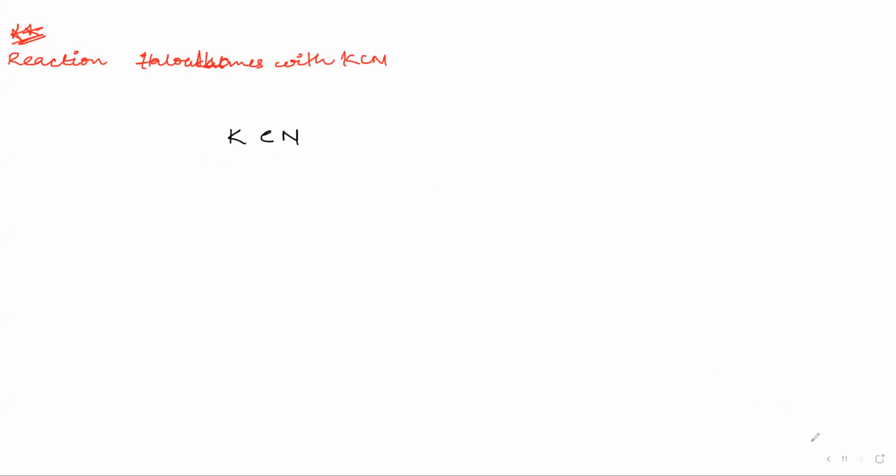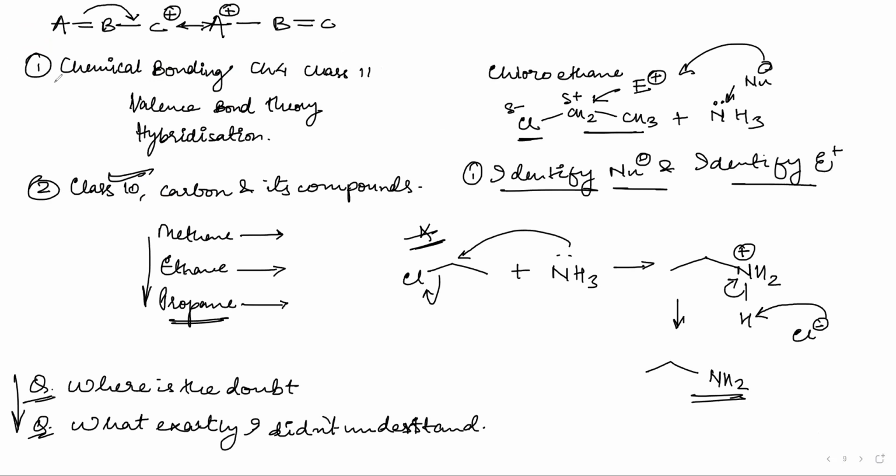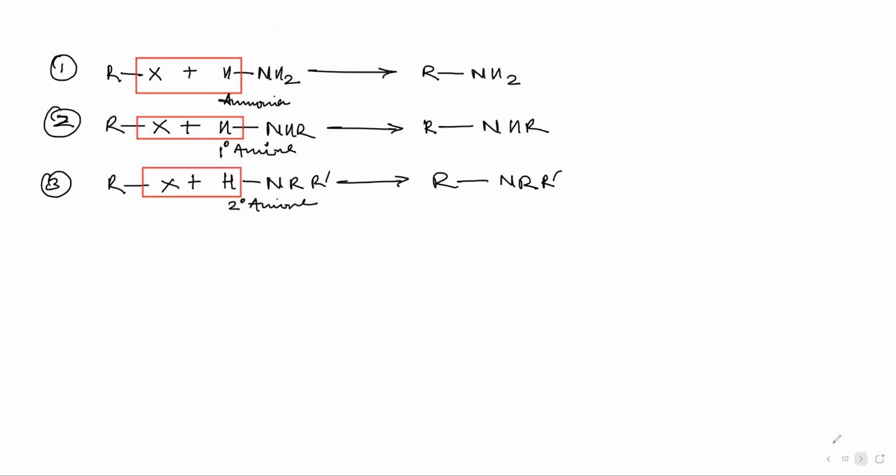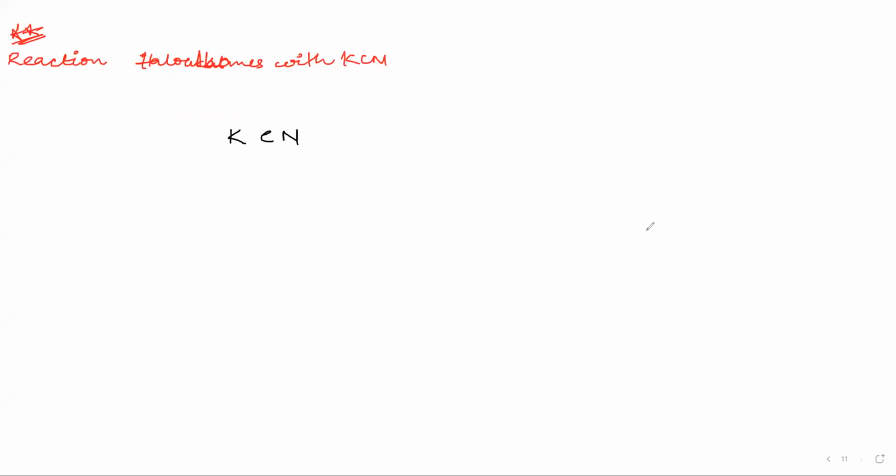See, if I said you have to revise chemical bonding, in chemical bonding you will know about ionic and covalent, right? So can you tell me, KCN, ionic or covalent, anyone? Ionic, covalent, okay, fine.